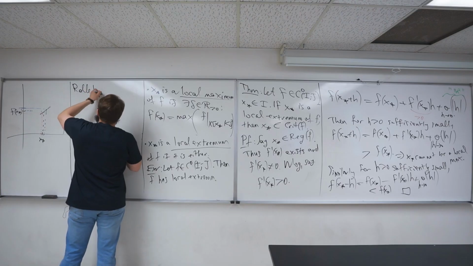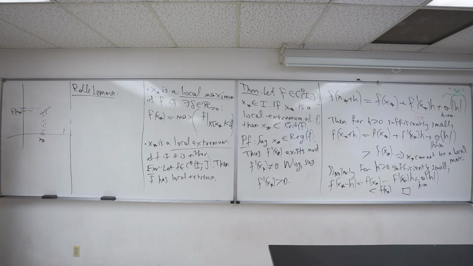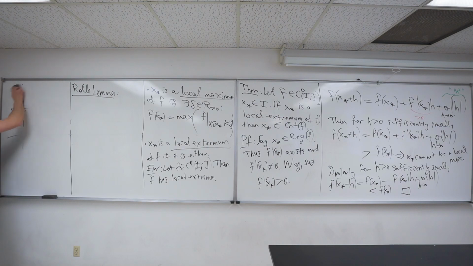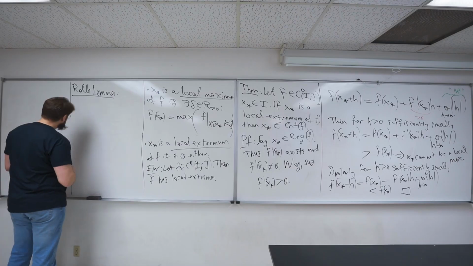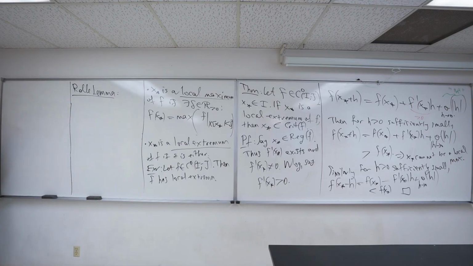Rolle lemma. This basically says this. If I have a differentiable function, then between any two zeros of this function, there has to be a critical point.